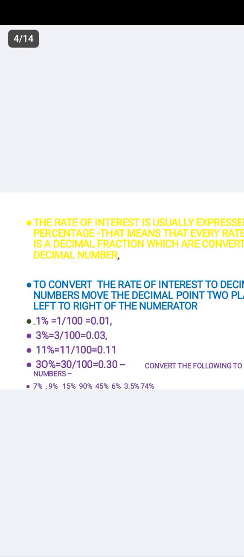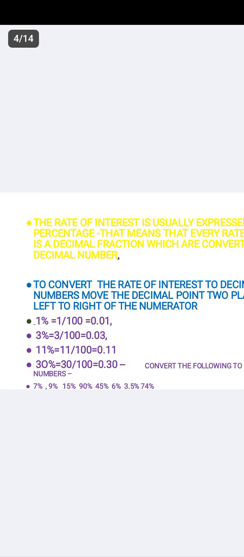So, how do you convert a decimal fraction to a decimal number? Simple. Since every rate is expressed in terms of percentage, if you say 50%, it is 50 over 100. 70%, it is 70 over 100, which are decimal fractions.